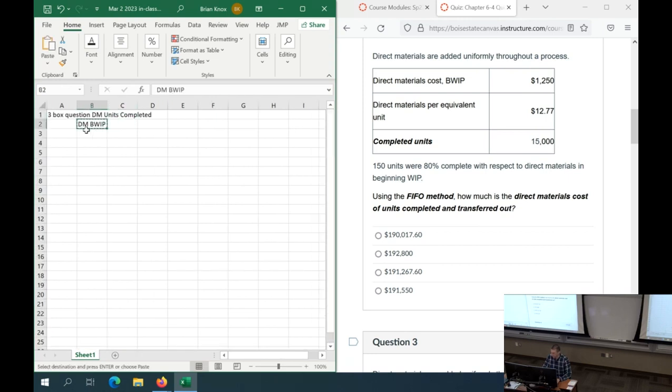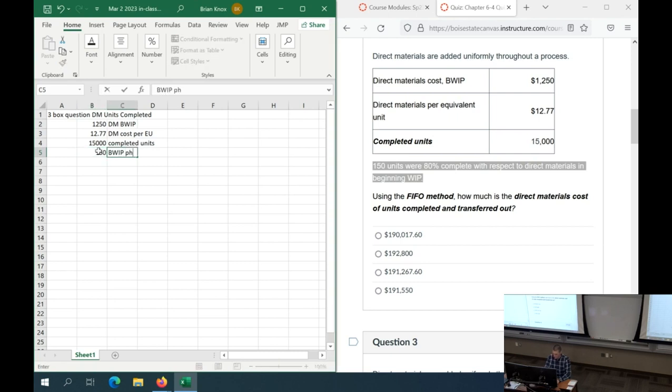We have a DM rate, here we'll call it DM cost per equivalent unit, and that is $12.77. And then we have our completed units of 15,000. And also from this paragraph here, let's grab both of those.